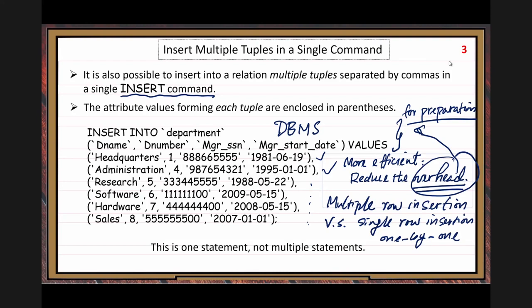Then the resource you pay for the overhead once can be used to cover all the rows. That way, you use less memory resource. So you greatly reduce the memory resource consumption for the multiple row insertion. That's the main reason it can save some time.